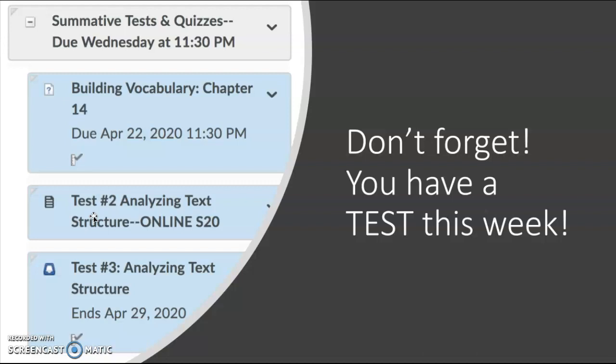And then when you're done, you either have to take pictures if you did it paper pencil at your kitchen table and upload the pictures into the assignment folder, which is right here, or you need to save your document and then upload your document into the assignment folder. So if you have questions about that, feel free to ask me. Do not guess. Ask me, email me, Zoom me, whatever. Make sure that this gets done and gets done well, okay?